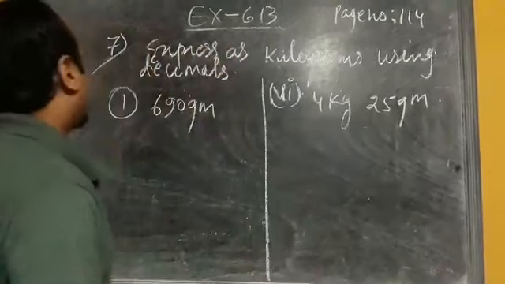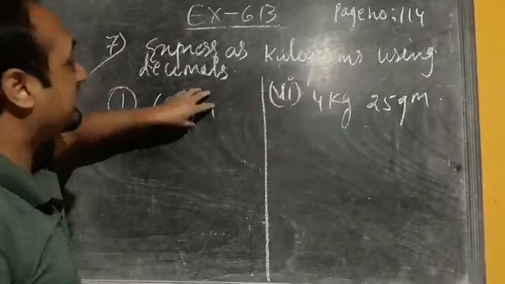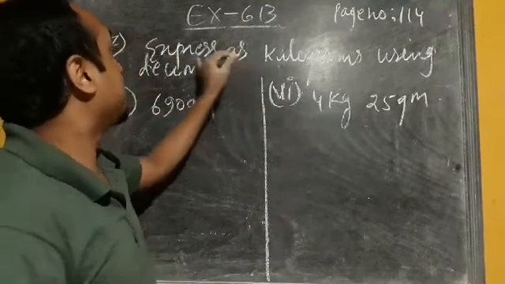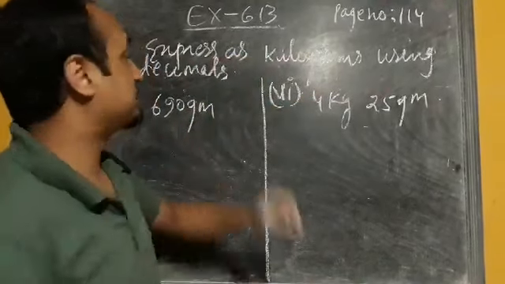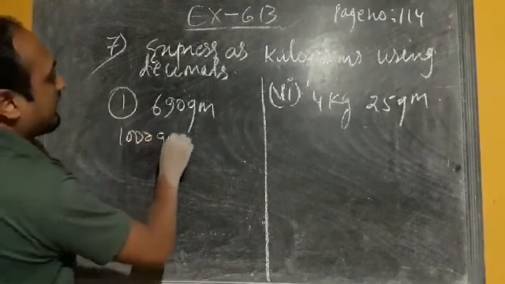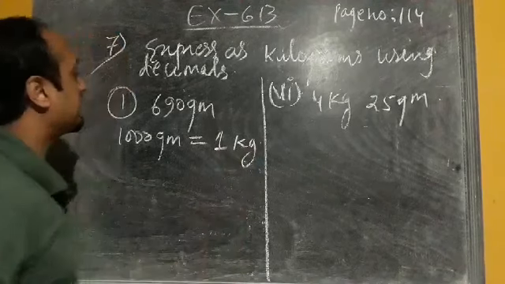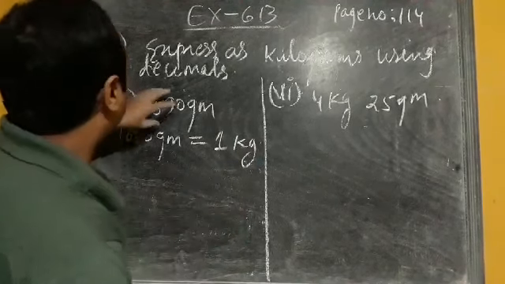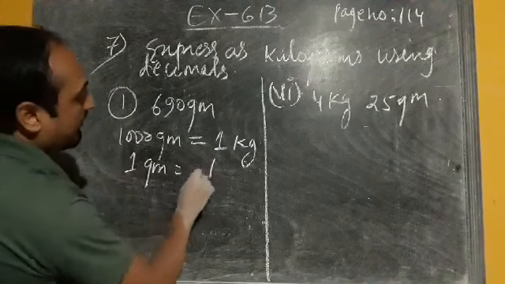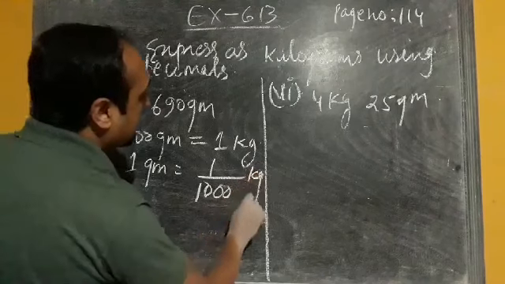So next we have question number 7, express as kilogram. It is given in grams, we have to convert these grams into kilogram. So we know that 1000 gram equals 1 kilogram. 1 kg equals 1000 grams. So 1 gram can be written as 1 by 1000 kg.